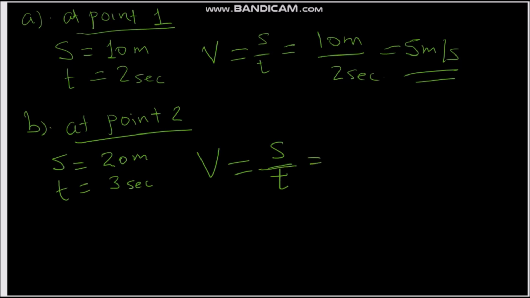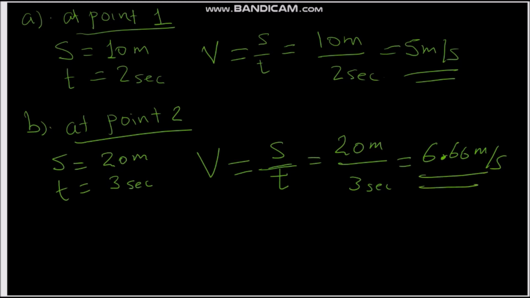It is equal to 20 meters over 3 seconds, which is around 6.66 meters per second. Look, the velocity or the speed varies: at point 1 it is 5, then 6.66, not equal to 5. This kind of motion we call non-uniform motion.